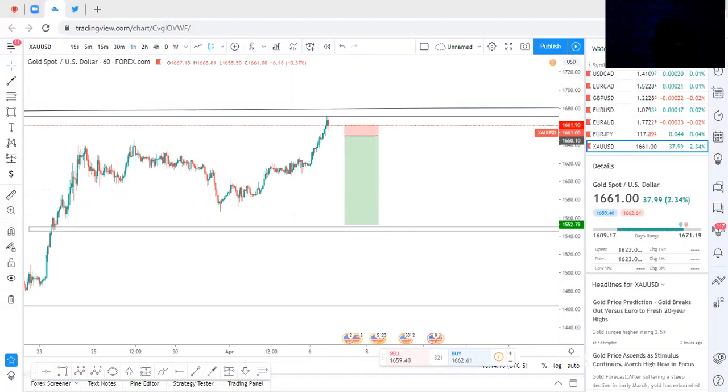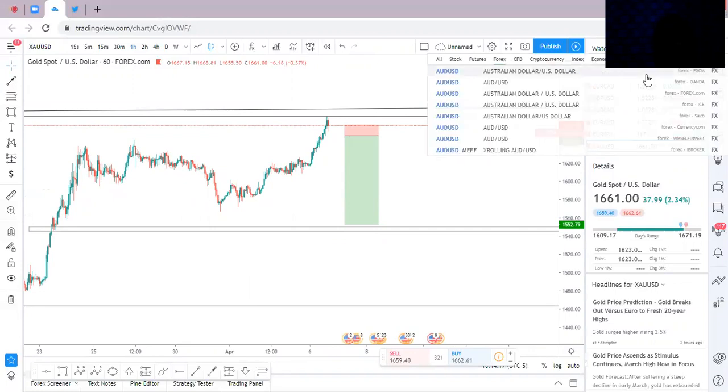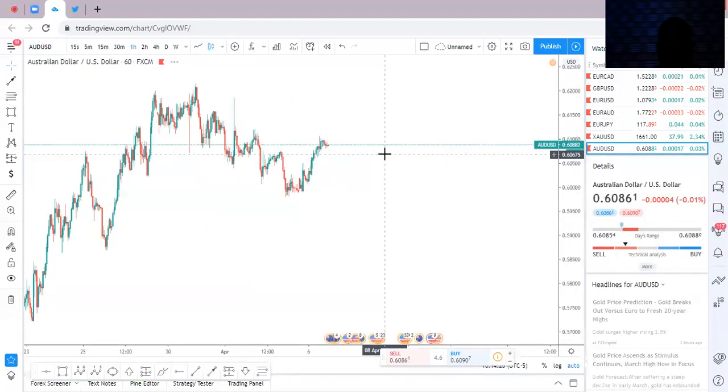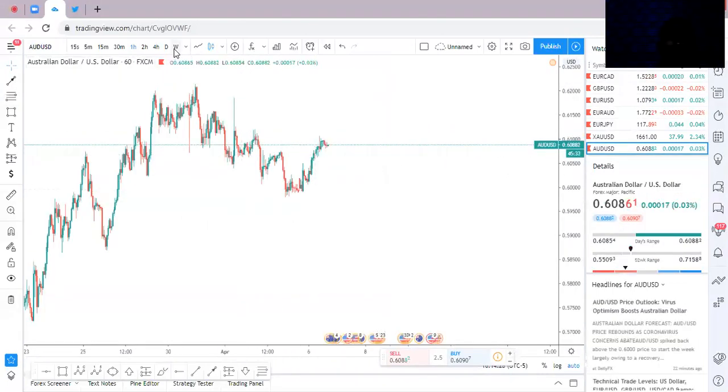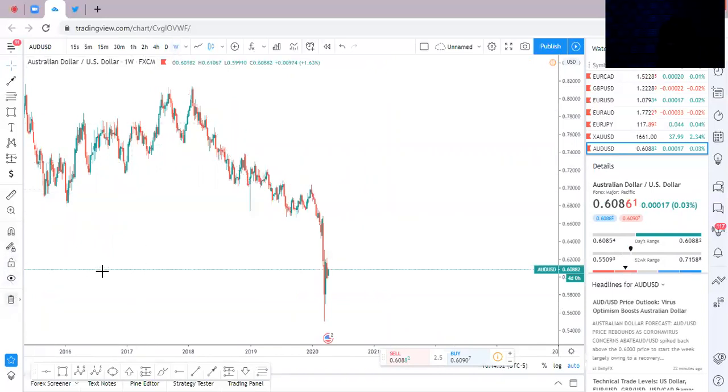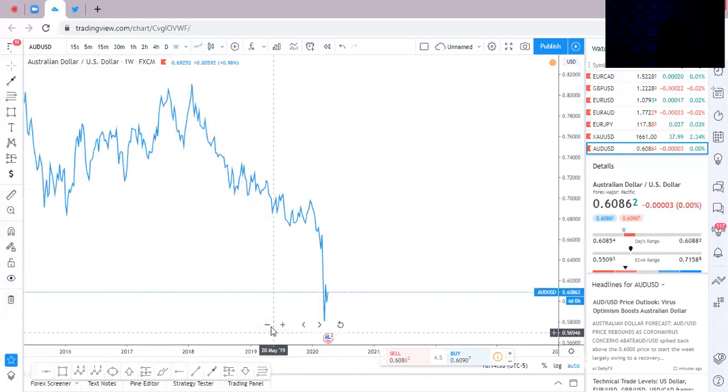AUDUSD. So I'll be looking at AUDUSD. First things first, like we all know, do the top-down analysis from the weekly, narrow it down to the smaller time frame.